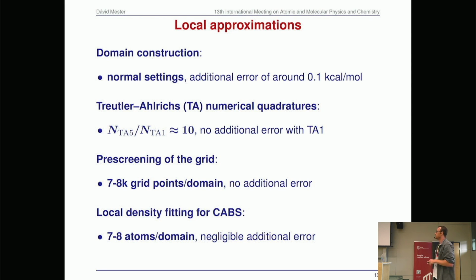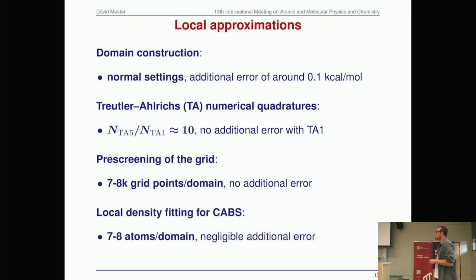Moreover, we developed pre-screening techniques to narrow down the grid to the local domains. In this case, we concluded that around 7,000 to 8,000 grid points per domain is enough, which is pretty low. In general, for DFT calculations, we use a few thousands of grid points per atom.